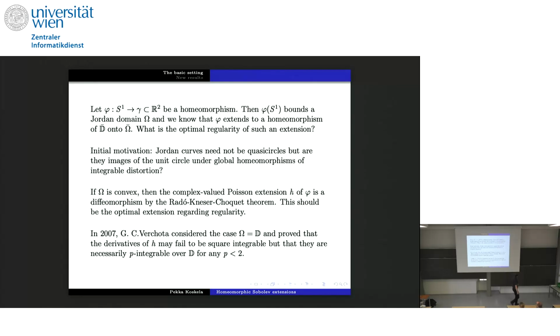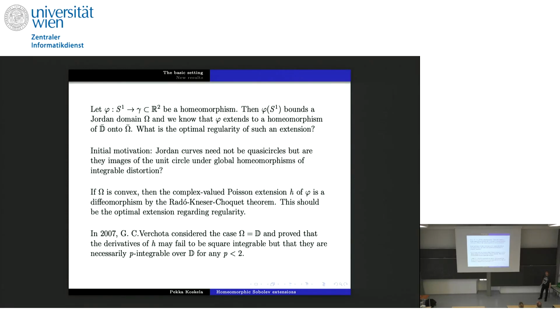And it's easy to see that you cannot get L2, because if you take your map, you can reflect on this side, and you can reflect on that side, and what you end up getting is that if you have a W^{1,2} extension, you can get a homeomorphic W^{1,2} extension in a larger set.